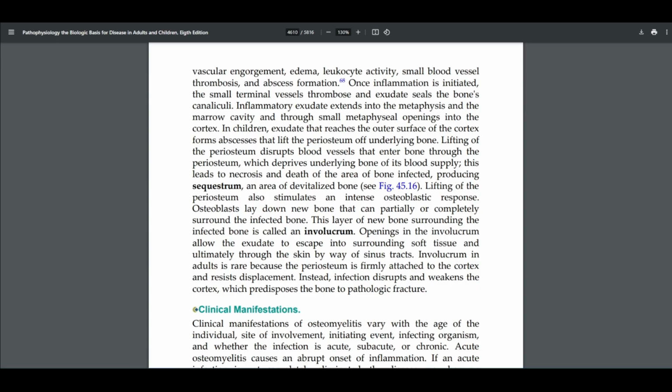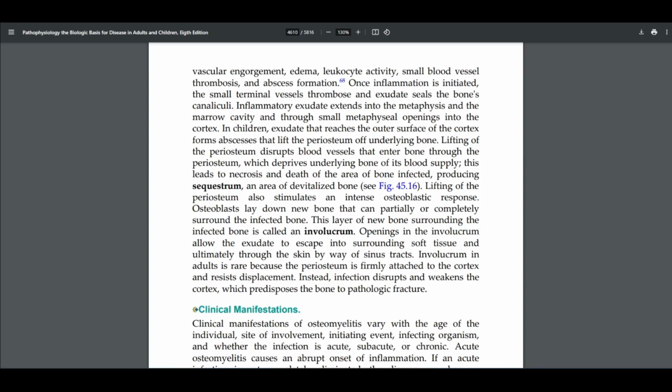In children, exudate that reaches the outer surface of the cortex forms abscesses that lift the periosteum off underlying bone. Lifting off the periosteum disrupts blood vessels that enter bone through the periosteum, which deprives underlying bone of its blood supply.